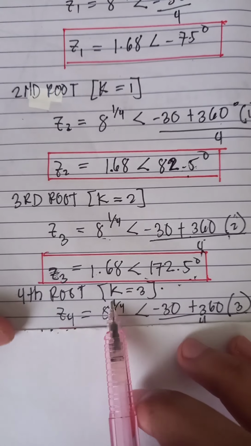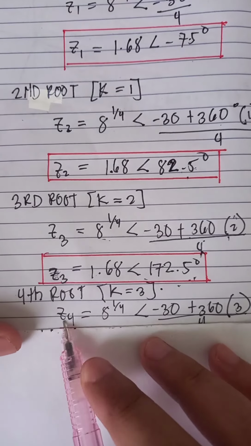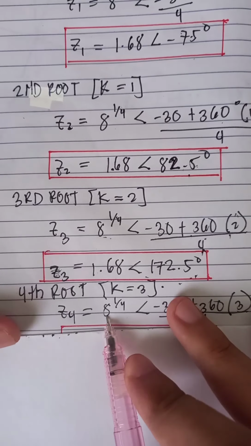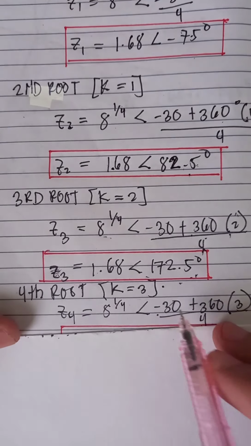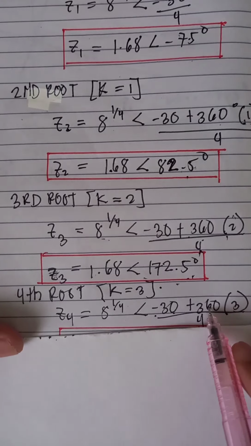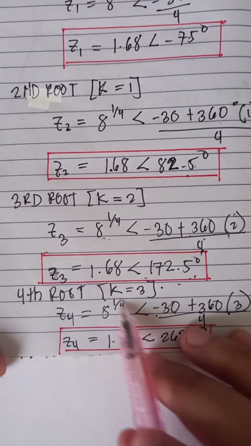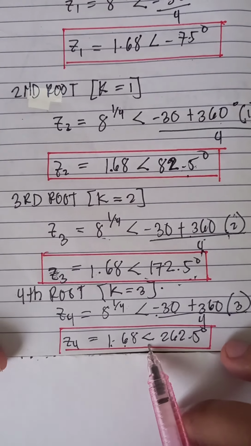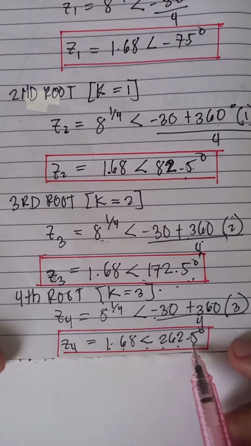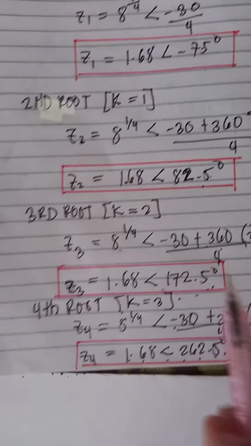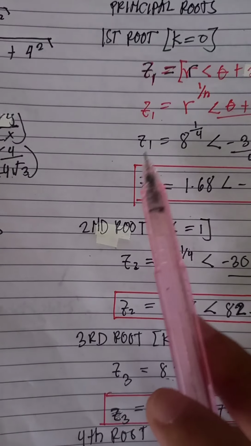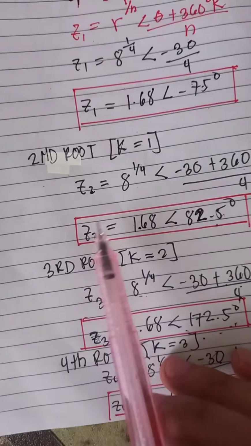And the fourth root is k equal to 3, so z4 is equal to 8 raised to 1/4, angle of -30 plus 360 times the value of k, which is 3, over 4. The value of this is 1.68, angle of 282.5 degrees.